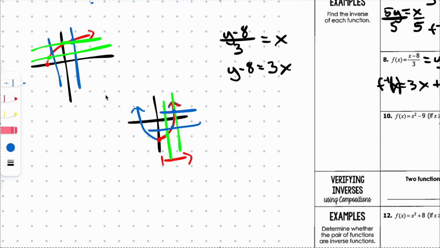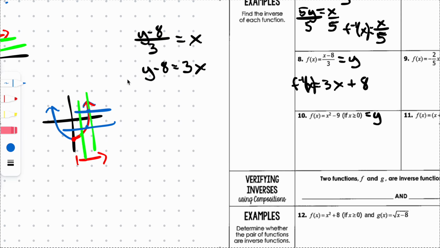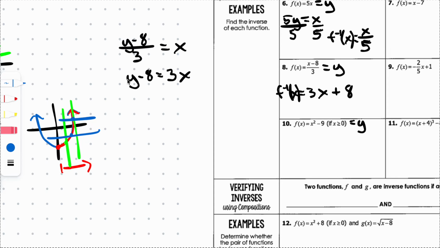Because our input in our normal function is going to be our output in our inverse function. So our domain in our normal function becomes our range in our inverse function, and vice versa. Okay? I know that's a handful, but just play it back if you need to take it in bite-sized pieces.